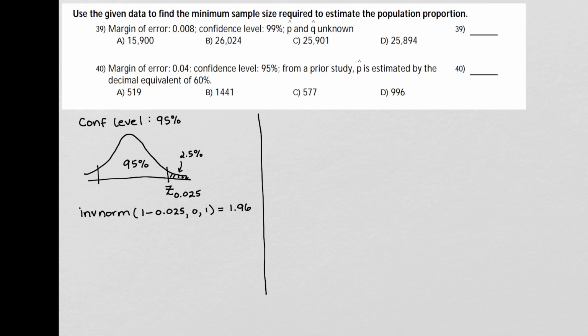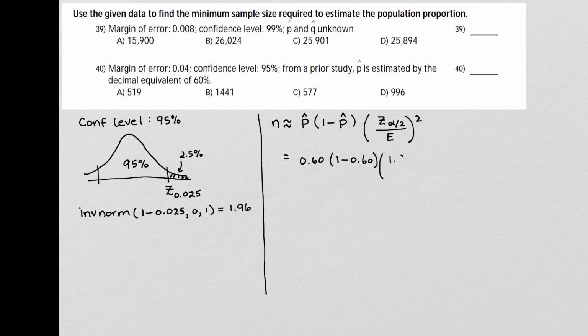Okay, so now the formula we're going to use this time is slightly different. We're going to use p hat times 1 minus p hat, and then times z sub alpha over 2 over the margin of error, and we square that part. So in this case, this would be 60% for p hat, that's what they told us the approximation was, times 1 minus 60%, or 0.60.